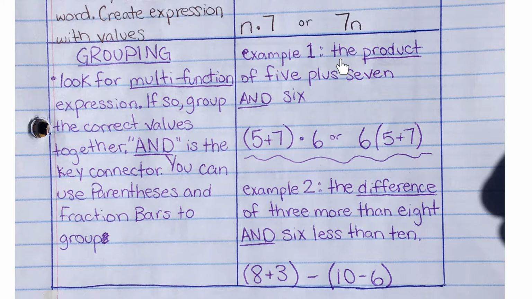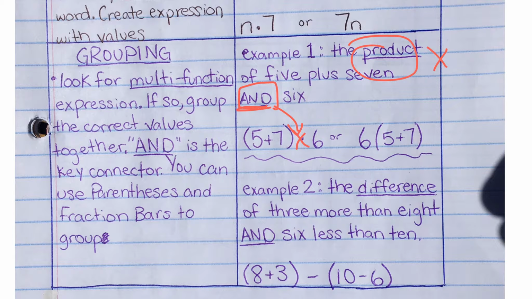Example 1, the product of 5 plus 7 and 6. Okay, so what we know here right away is that the product is our function word, so we know it's going to be a multiplication sign. So we come down here and we place our multiplication sign in the middle. Okay, and then we identify the word and as being that symbol.